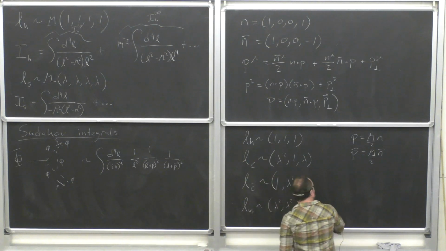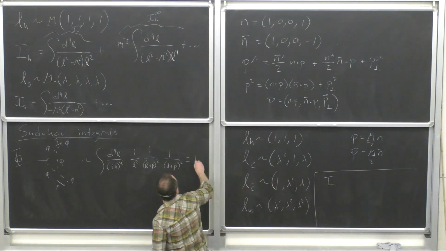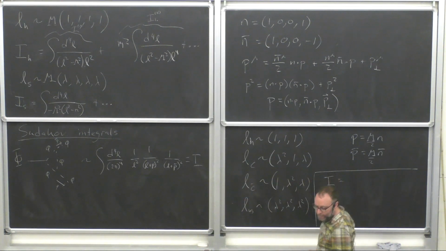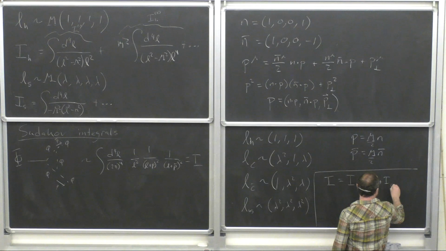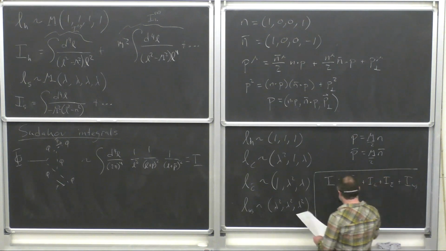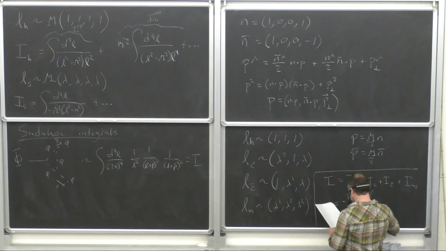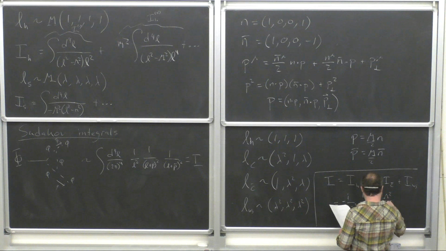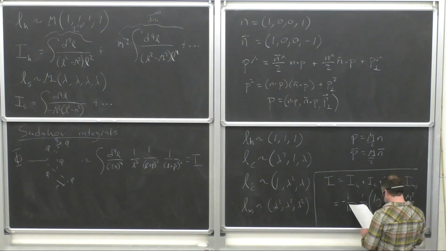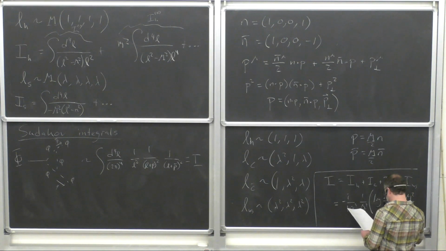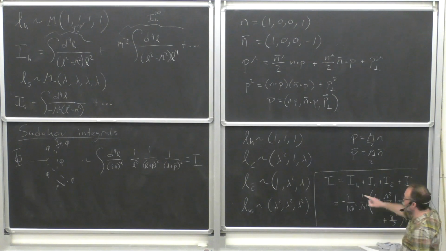And the claim is that the total integral here decomposes into 4 regions, I hard plus I collinear plus I anticollinear plus I ultrasoft, and that you get minus I over 16 pi squared, 1 over m squared, log m squared over p squared, log m squared over p bar squared, plus pi squared over 3, plus order lambda squared, where lambda is this power counting parameter.